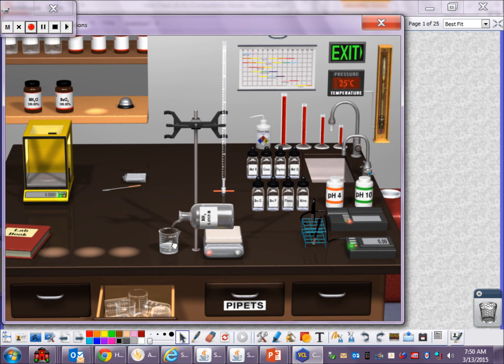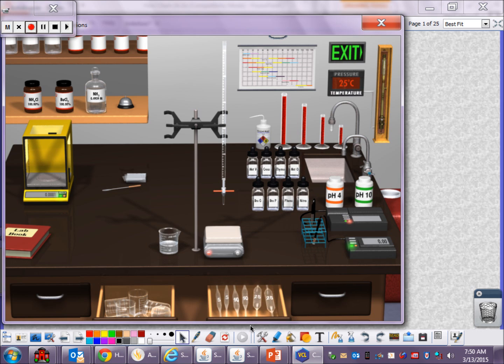Now that I have some, because I need to measure the exact same amount, why don't I get a pipette from that drawer? I will get a 25 ml pipette since I used 25 ml for the others.